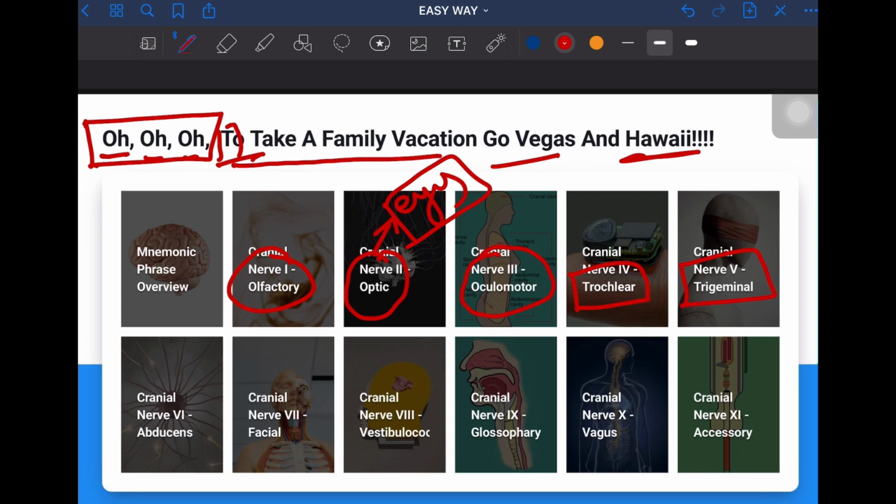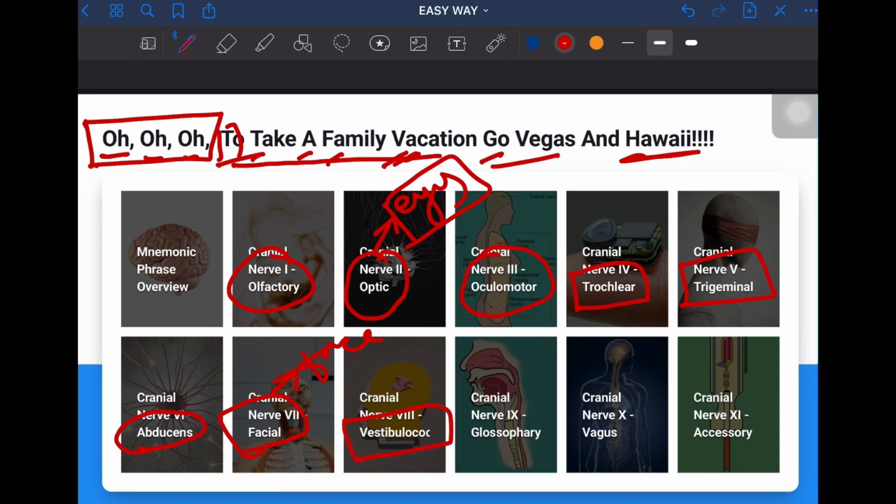Then "a family vacation". Then A, sixth is abducens, seventh is facial, face for face. So remember seventh is facial, mostly they will ask it. Eighth is vestibulocochlear, vacation.